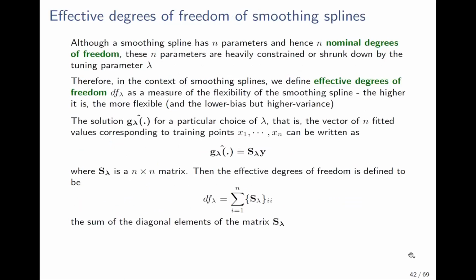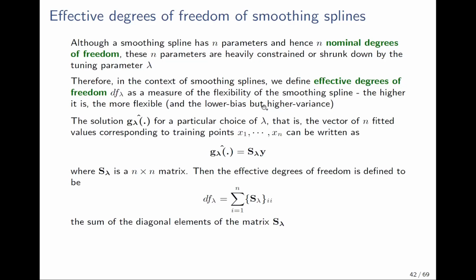Okay, I've got a slide here that describes how we would calculate degrees of freedom for smoothing splines. I don't think this is desperately important. I just want to say that although a smoothing spline has n parameters and hence n nominal degrees of freedom, these parameters are heavily constrained or shrunk down by the tuning parameter. So in the context of smoothing splines, we talk about effective degrees of freedom as a measure of the flexibility of the spline.